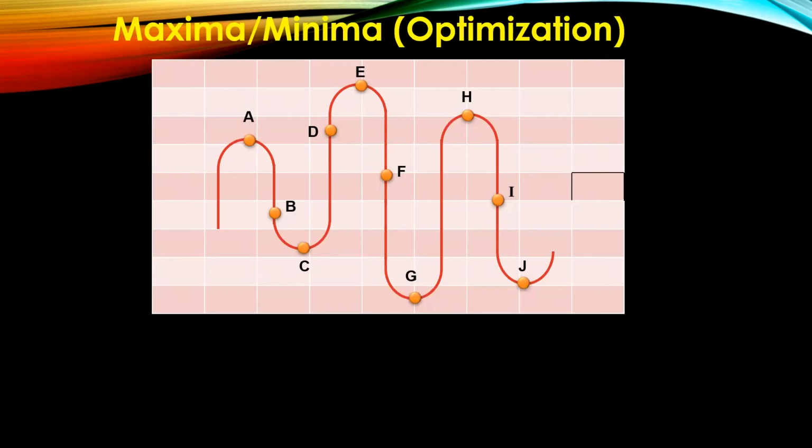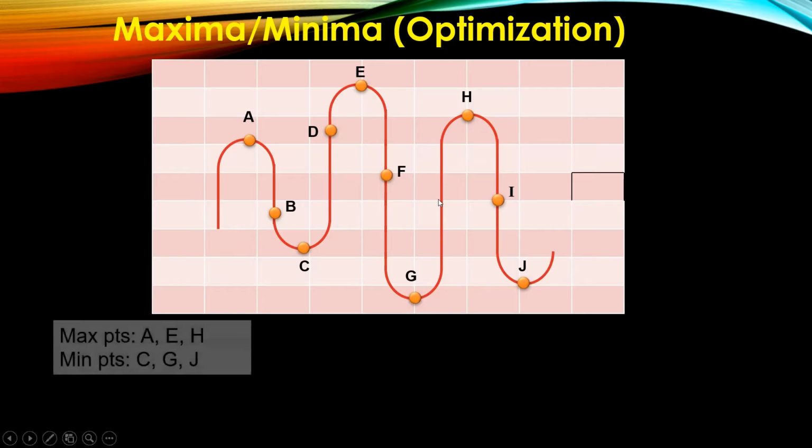There are several points on this curve. I did not identify any other points. Just focusing on these points, can you give me the maximum values, guys? A, E, and H are the maximum values. That's correct. And the minimum values are C, G, and J. Now, from among the maximum values, can you give me the global or absolute maximum? The absolute maximum is letter E. So any other maximum is just what?